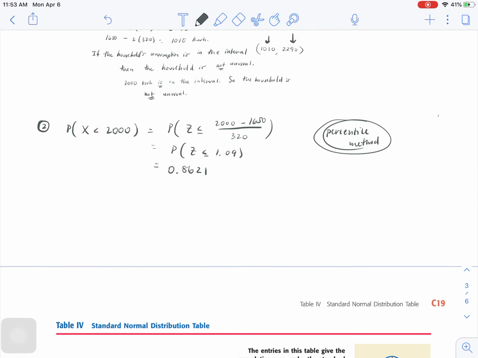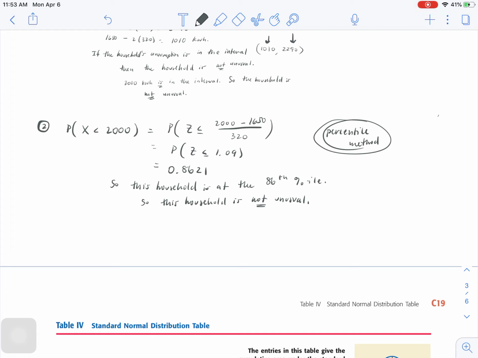So this household is at the 86th percentile. The 86th percentile is not super unusual, so we'll say this household does not consume an unusually high amount of energy.